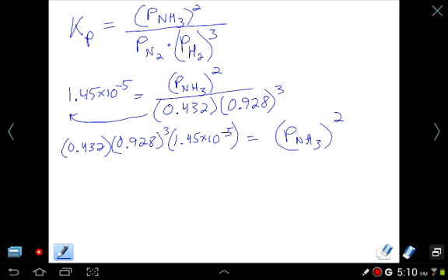And to solve for NH3, we'll have to square root. So if we square root this entire side, the squared disappears. So why don't we calculate out what's in the square root, multiply those numbers out in your calculator, and then rewrite it, and we'll square root that, and we'll hopefully get a fine answer.